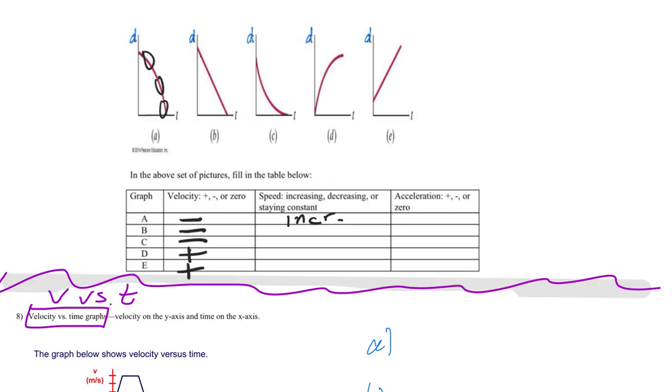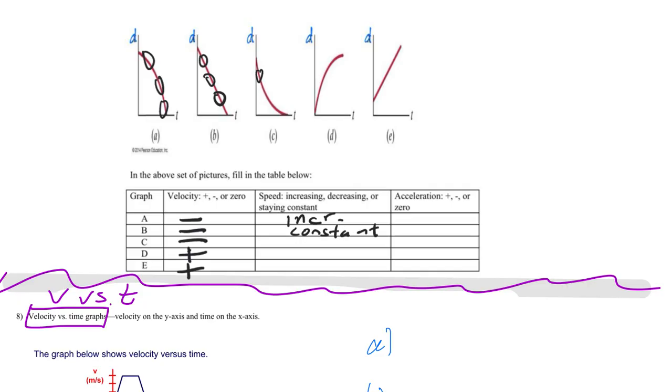In B, the slope is not changing. The slope is the same as we go down this line. The slope is the same, rise over run. So constant, neither increasing nor decreasing.